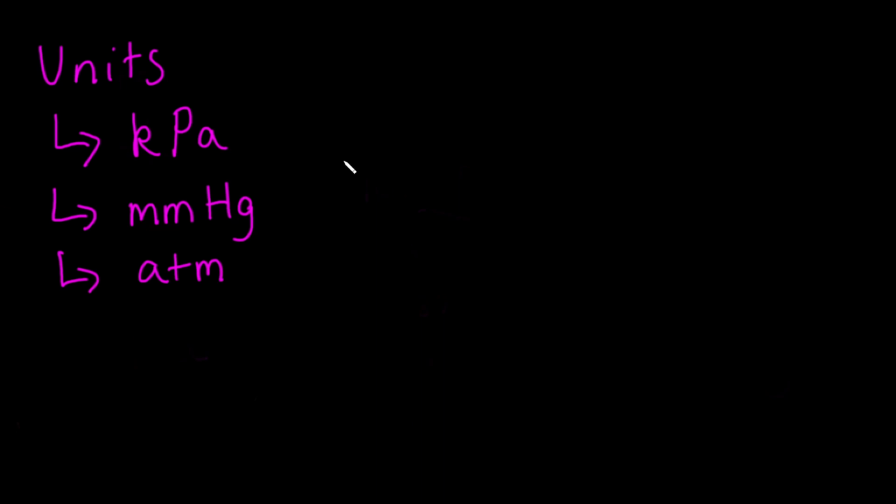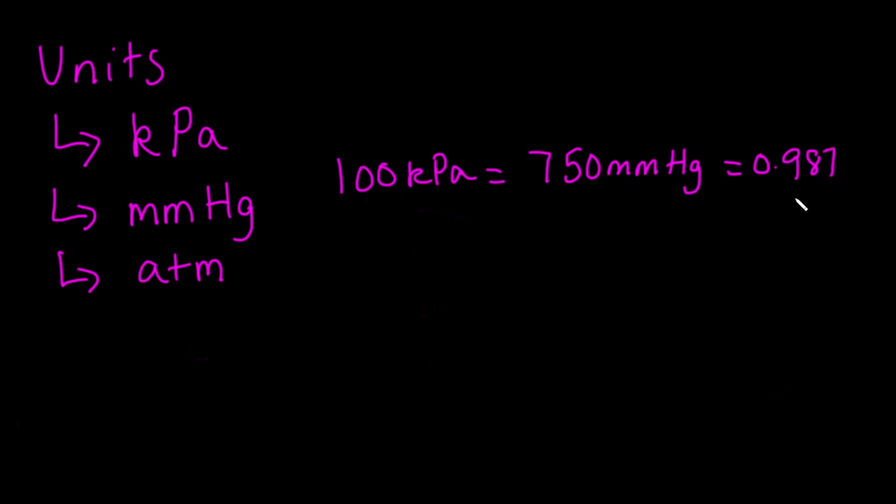The way you convert between them, and the one that's written in your data book, is that 100 kilopascals is equal to 750 millimeters of mercury, and that is also equal to 0.987 atmospheres. So you can play around with these values to try and find something in kilopascals.